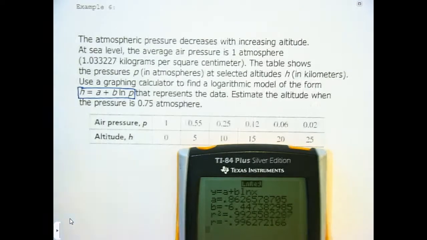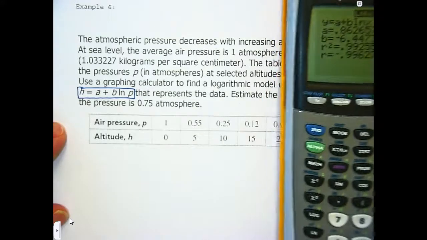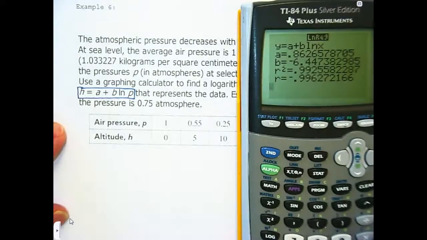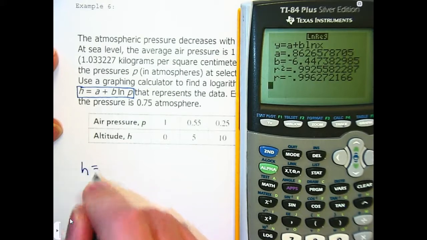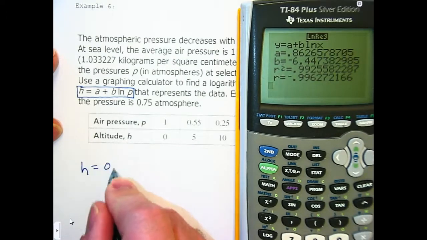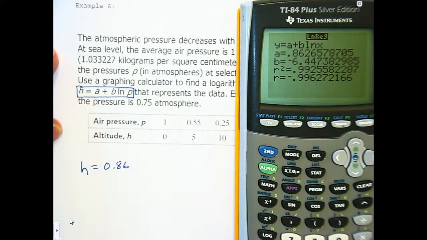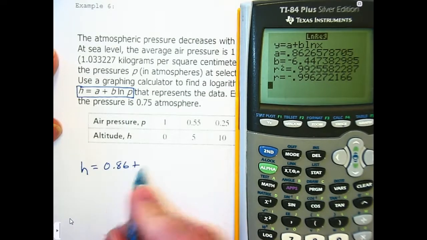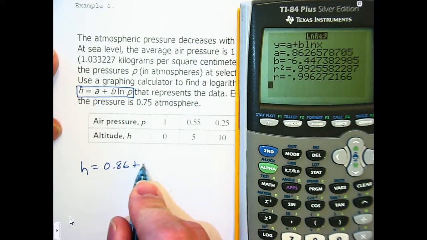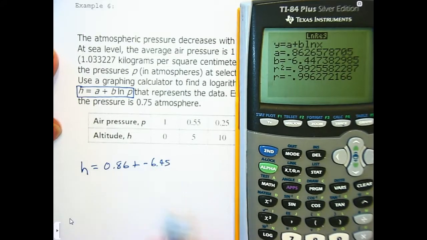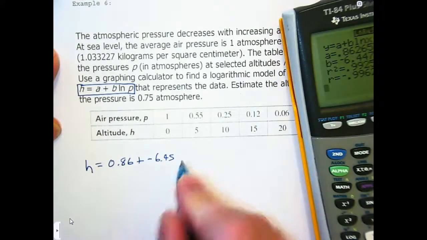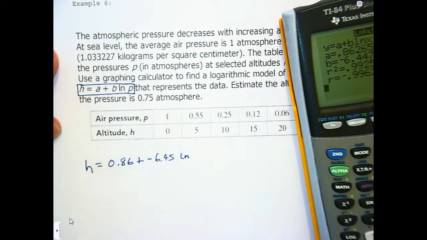Okay, so there's our A, so H is equal to 0.86 if we round to the nearest hundredths, plus our B, negative 6.45, ln P.